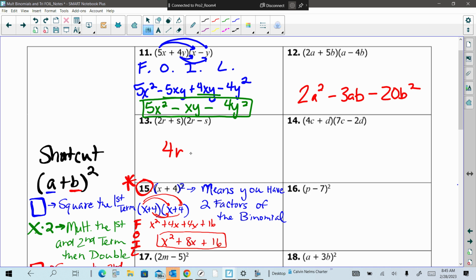This final answer is 4r squared minus s squared. And then on 14, we should get 28c squared minus cd, or you could have put 1 cd, and then minus 2d squared.